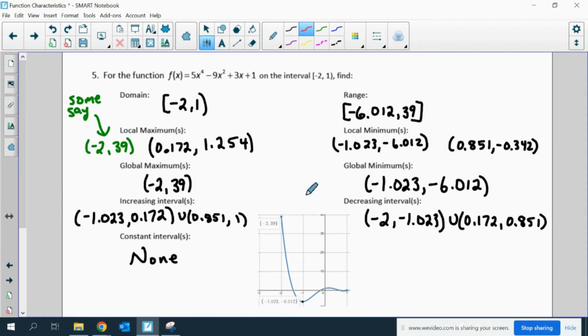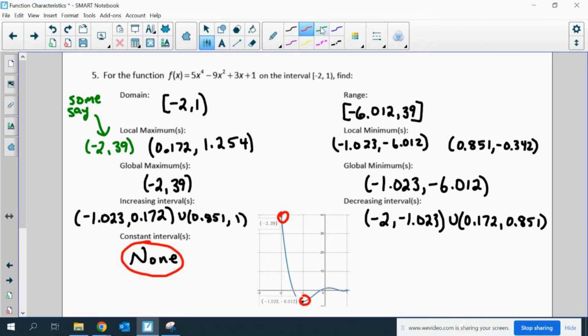So if I look at all of these things, they're listed here. I have the global max and the global min that are listed here. I have my increasing and decreasing intervals. There were no constant intervals.